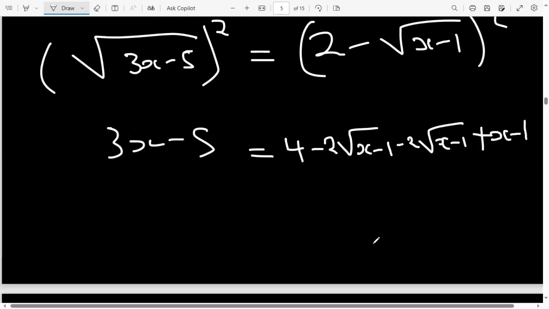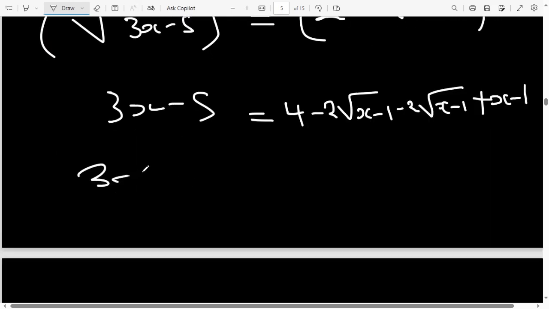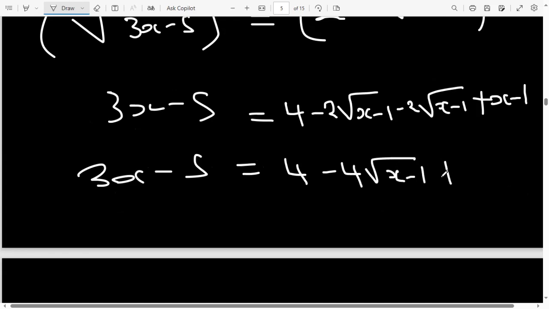I hope you're following, you guys. And then this will be 3x minus 5 equals 4 minus 4 root of x minus 1 plus x minus 1. So let's leave the square root on its own.